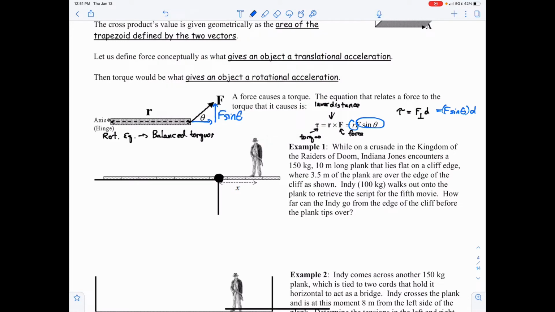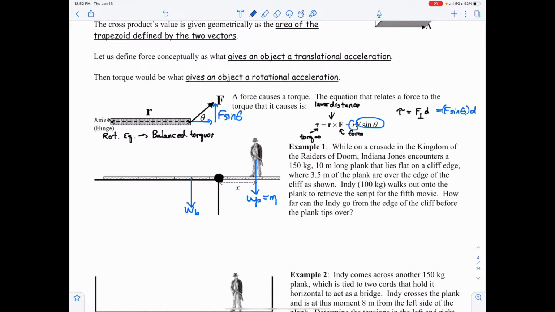You'd have the weight of the board, which would come from the center of mass of the board, right in the middle here. I'm going to call this WB for weight of the board. And you've got the weight of the person. I'm going to call it WP for weight of the person.